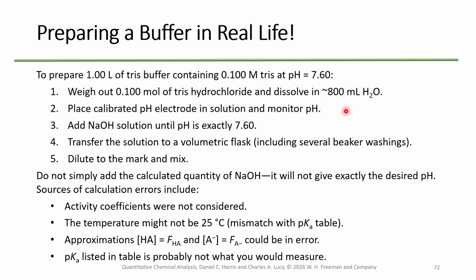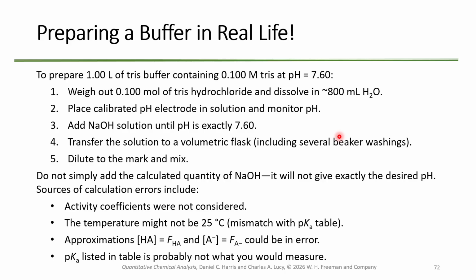We dissolve that in water, and then we put an electrode in there to measure the pH. We want our pKa and pH to be equal. So we take our pKa value, and in this case we're going to add NaOH because we need that pH to go higher. And we add NaOH until the pH equals the pKa value. Okay? And that's going to give us our buffer system.